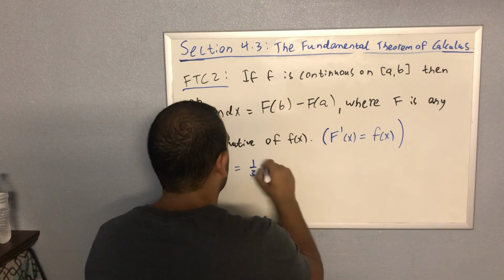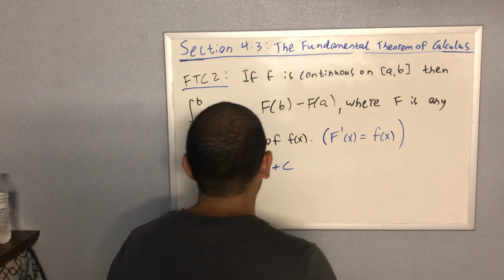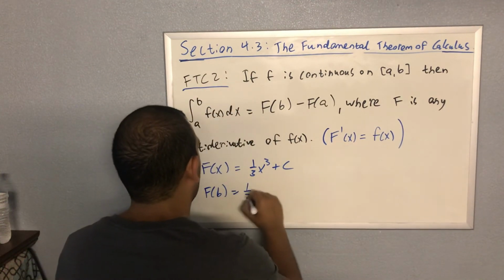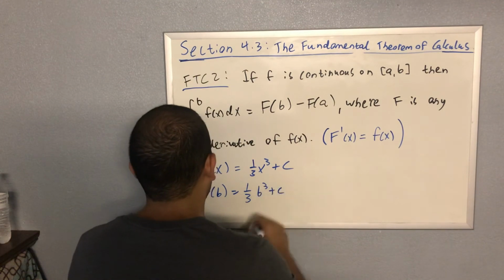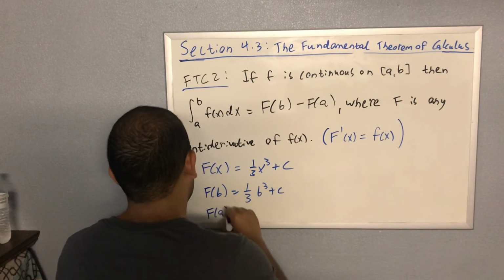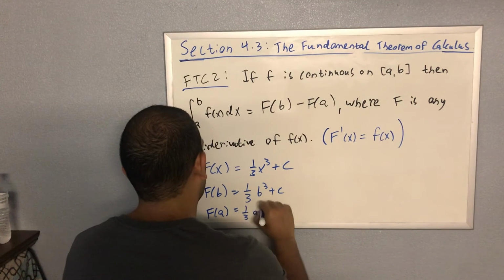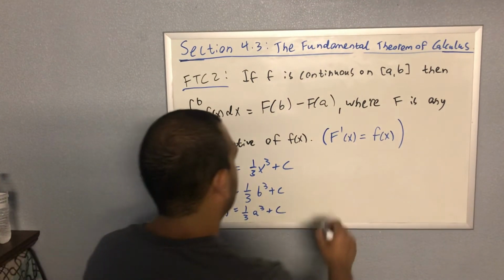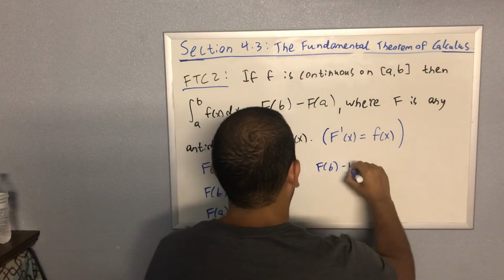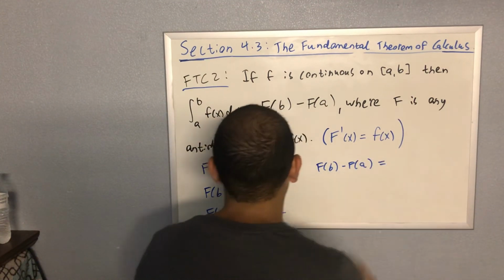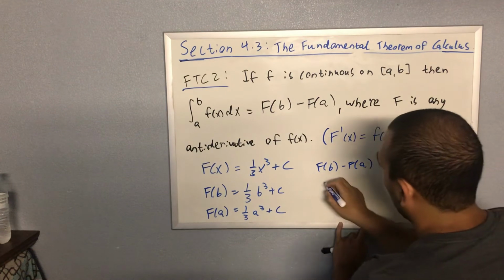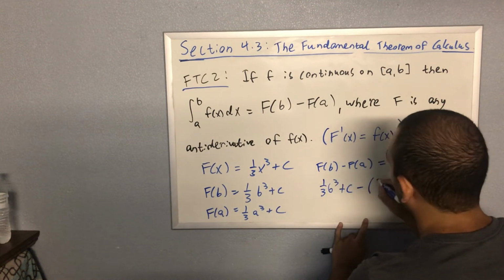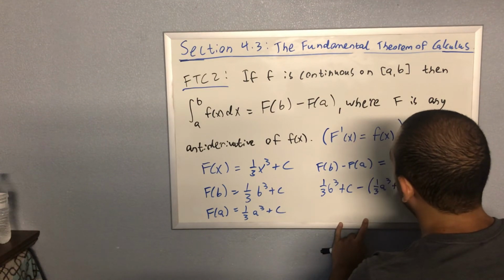let's just say 1/3 x cubed plus c, then F of b is 1/3 b cubed plus c, and F of a is 1/3 a cubed plus c. Now what happens when you subtract these? This becomes 1/3 b cubed plus c minus 1/3 a cubed plus c.